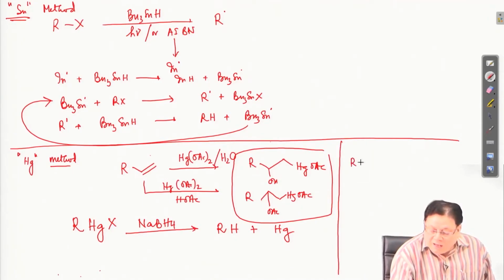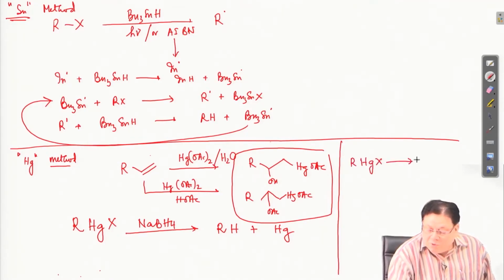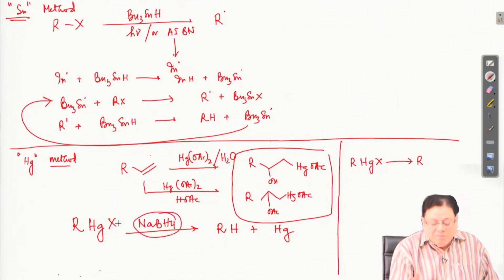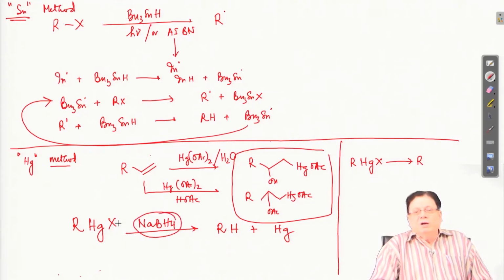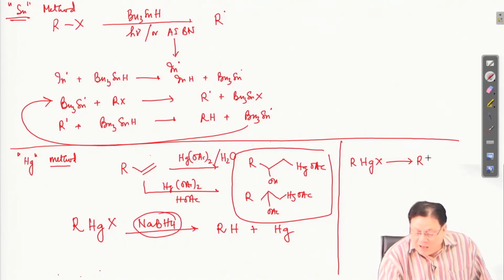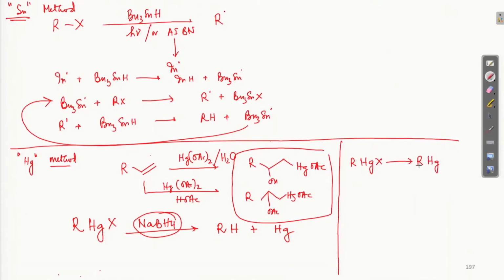Now, the mechanism of this reaction again involves a radical. First of all, RHgX is treated with sodium borohydride, or you can take other borohydrides like trimethoxy sodium borohydride. So, different versions of borohydrides are available, but the basis is that they are hydride transfer agents, they are reducing agents. So, first that will be reduced to RHgH. Now, these alkyl mercury hydrides are very unstable compounds.